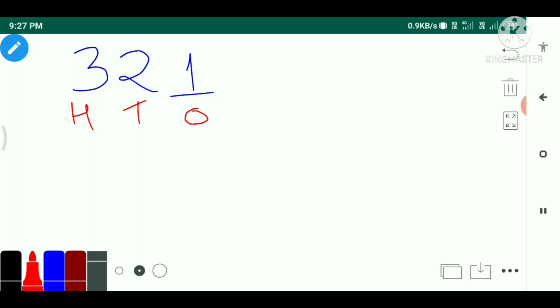Now we'll write the number according to the place value. We start from this direction. That means first of all we'll write 3, then 2, then 1. So the place value of 3 is what? 300. So we'll write the place value of 3 like that, 300.